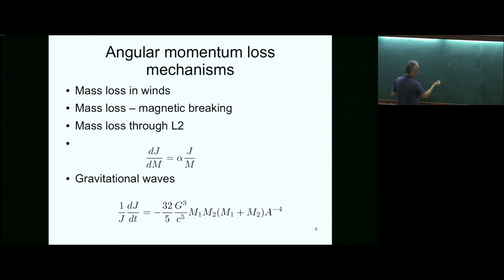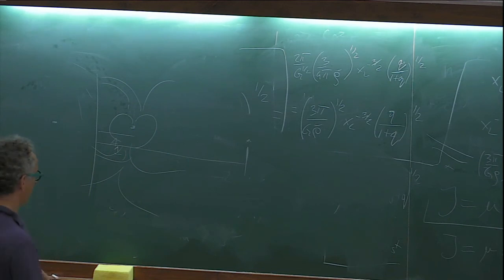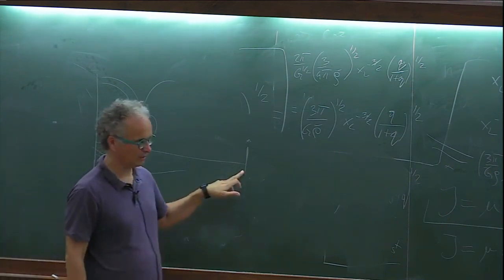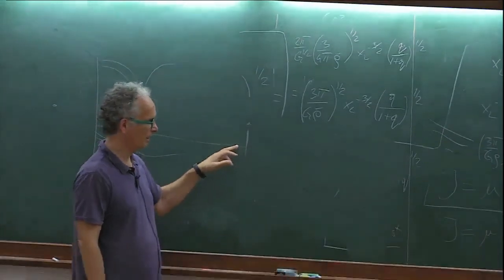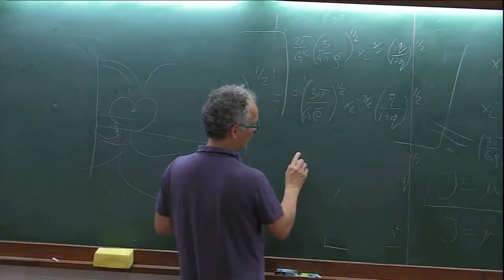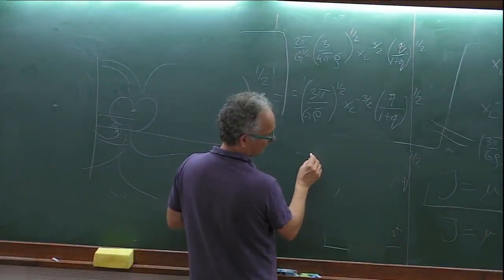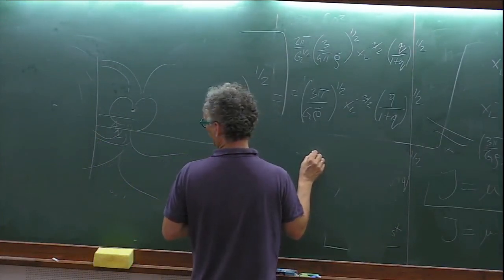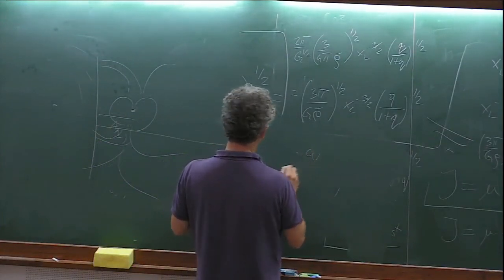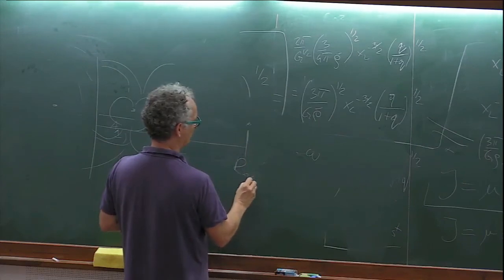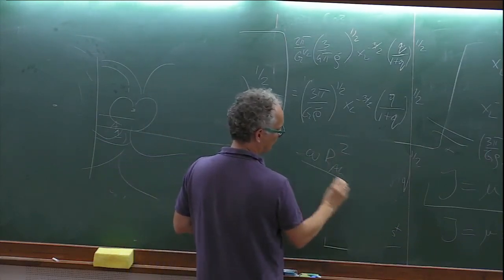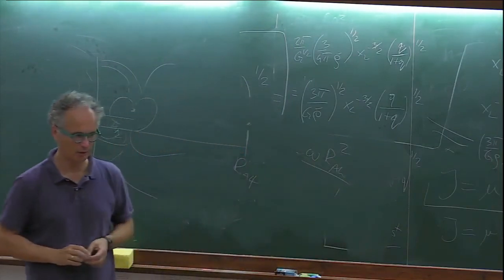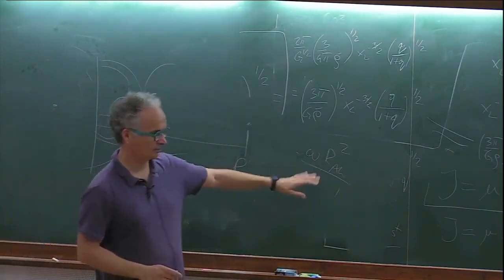This is like the decoupling radius. That means that they will corotate with the system to a much higher radius, and their angular momentum will be determined by omega times this radius, the Alfvén radius, squared. The specific angular momentum will be much larger.